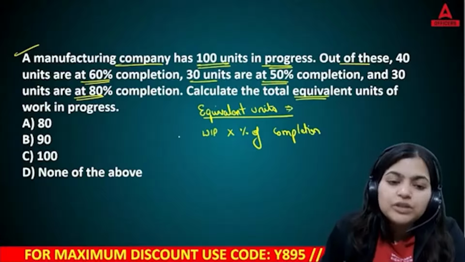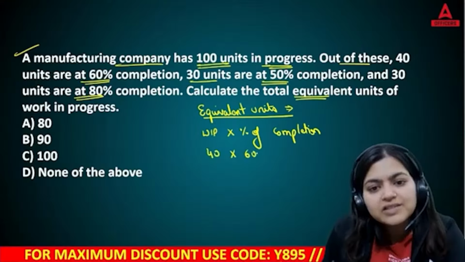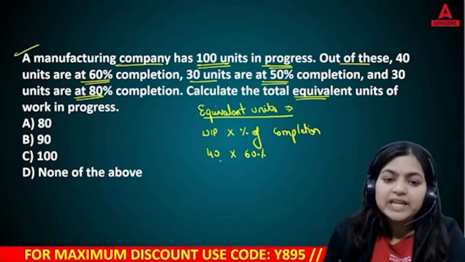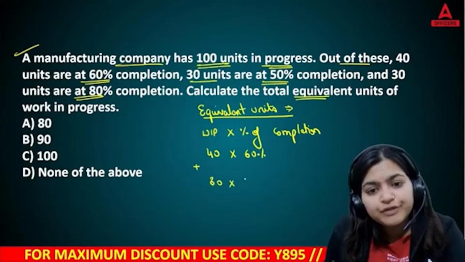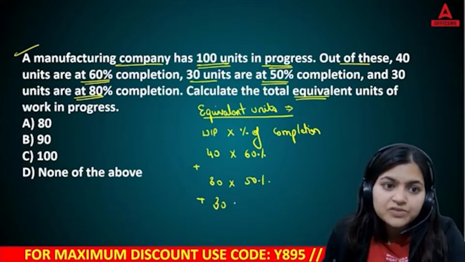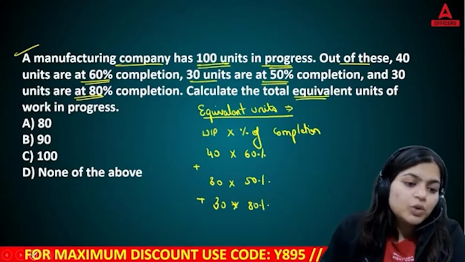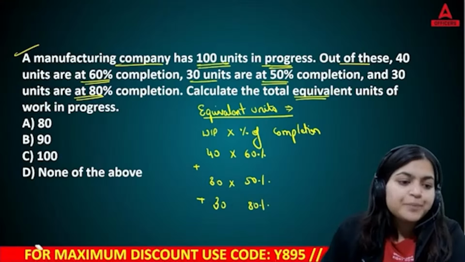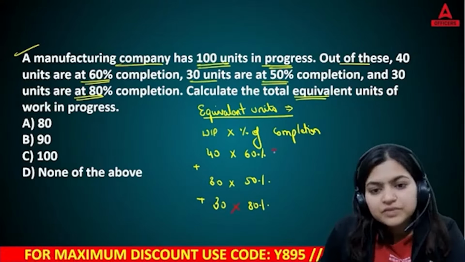So out of these 100 units, 40 units are at 60% completion. You need to add 30 units at 50% completion, plus the next 30 units at 80% completion.